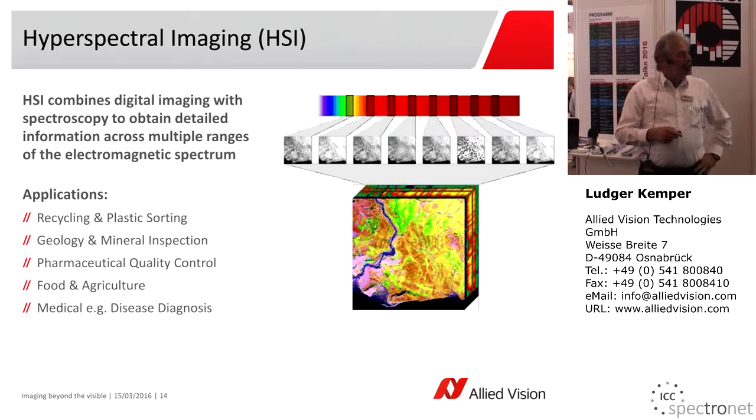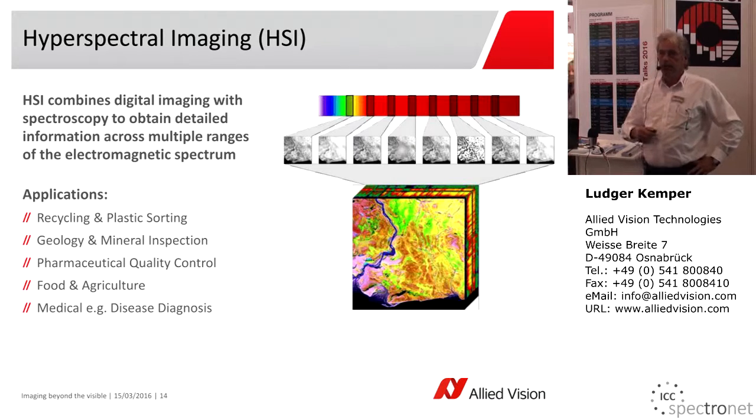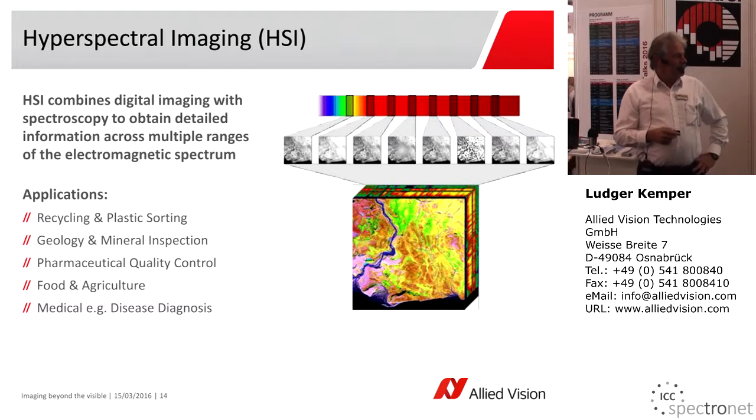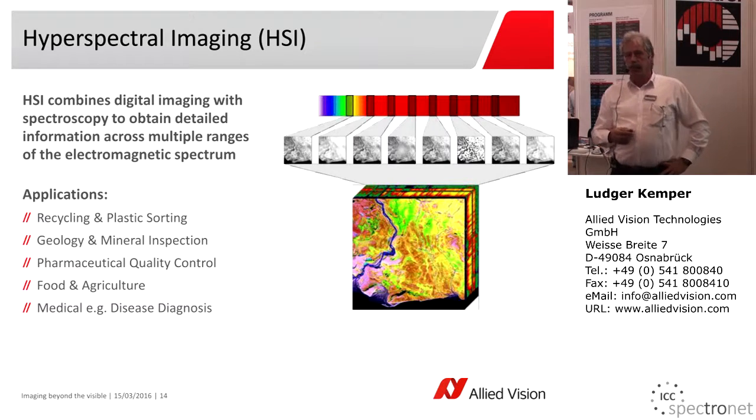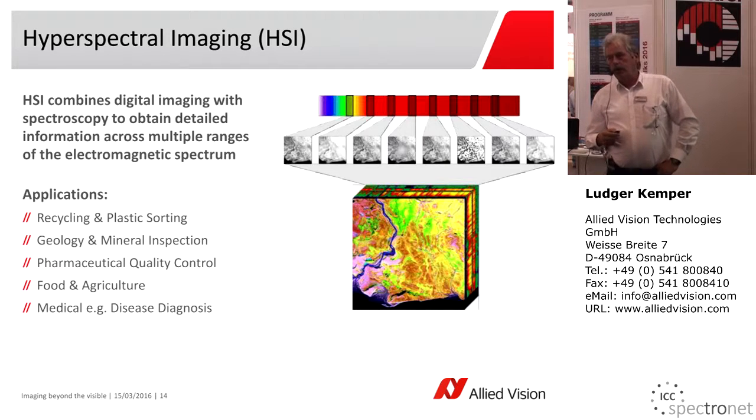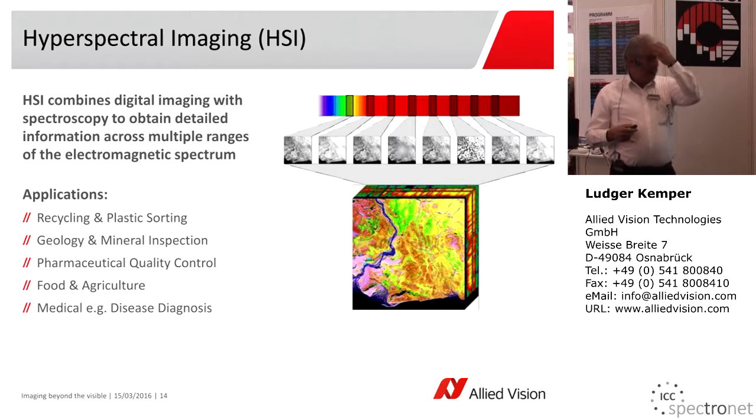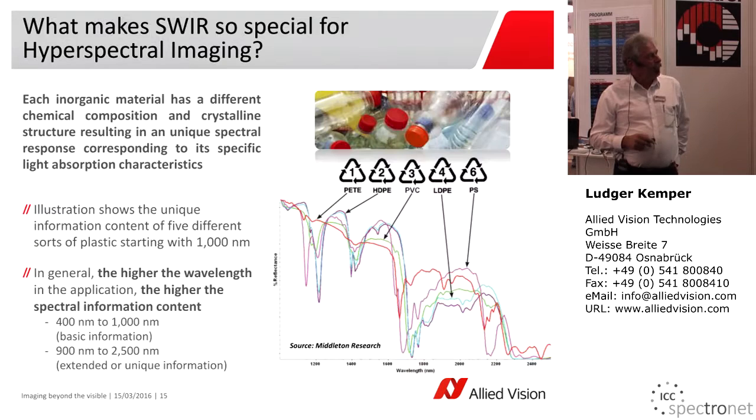You can use hyperspectral imaging in different applications: in recycling and plastic sorting, which is a very wide range, in geological and mineral inspection, pharmaceutical quality control, food and agriculture, and also in medical and disaster diagnostics.